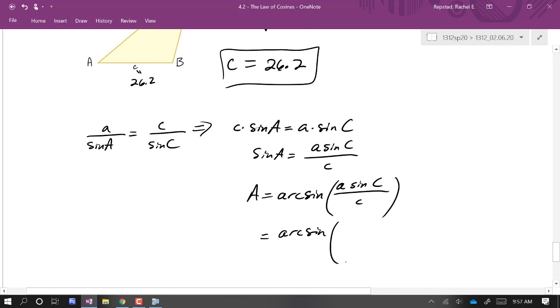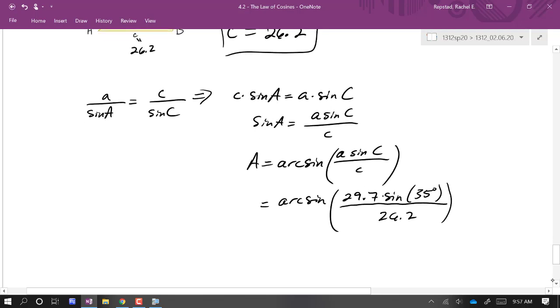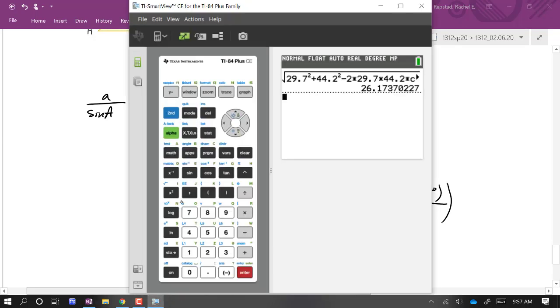So side A was 29.7 times sine of 35 degrees over 26.2. That gives .6 degrees.